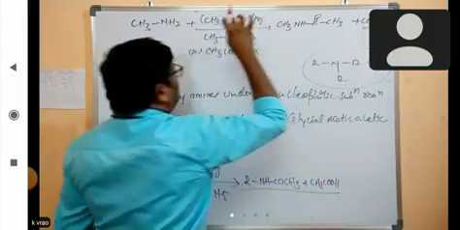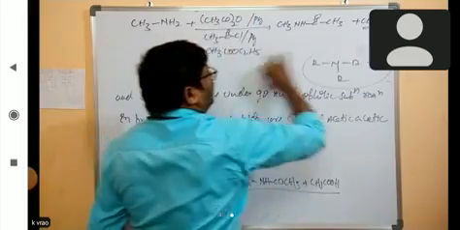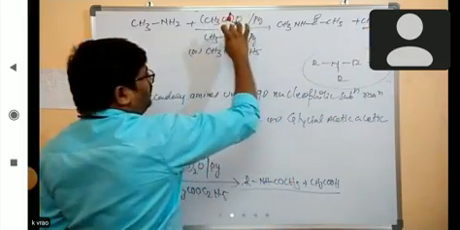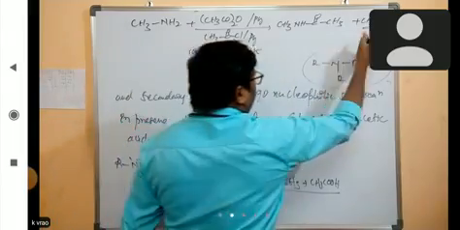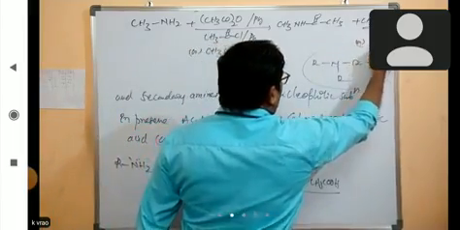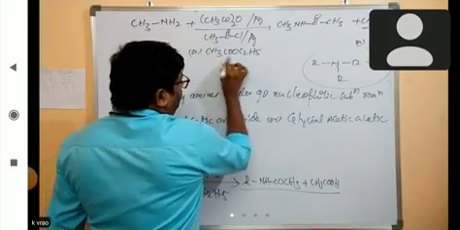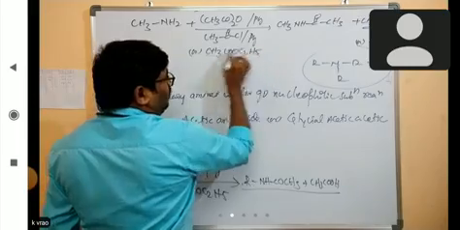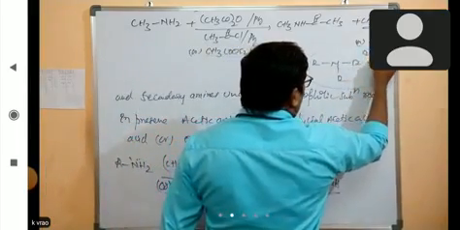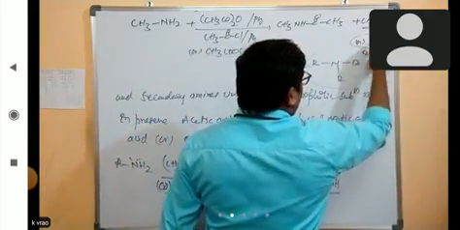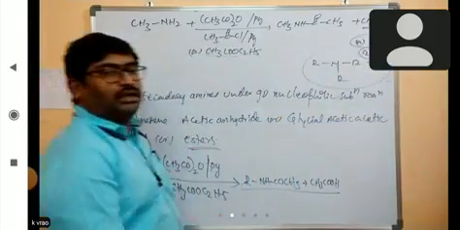If I take acetic anhydride, I will get acetic acid. If I take acetyl chloride, I will get HCl. If I take ethyl acetate, I will get ethyl alcohol, C2H5OH. So these are the byproducts in the reaction.